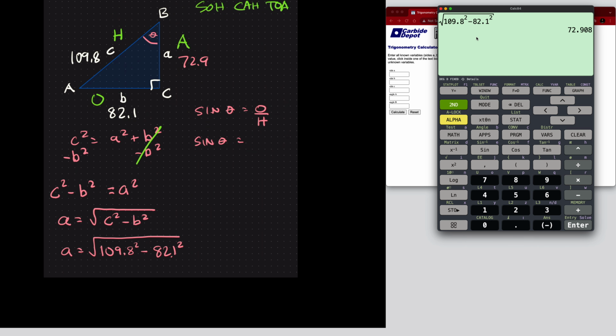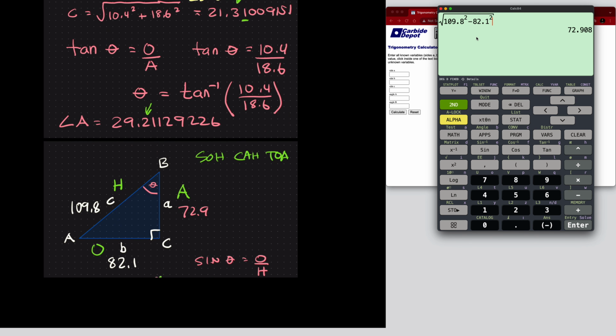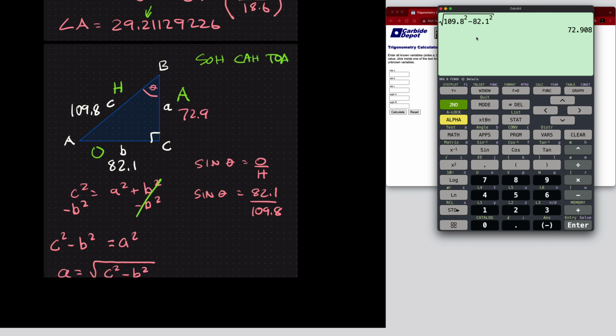Okay, so that is 82.1 over H. Where's my H? It's up here, 109.8. Now that we're at this point, we're essentially doing the same thing that we did right here, where we say the angle equals the inverse operation of that ratio.